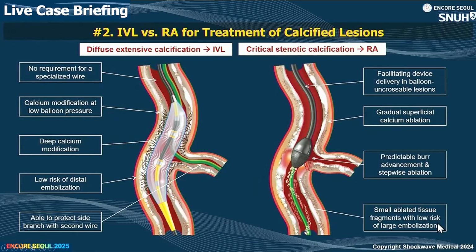Which therapy? This is the algorithm to select IVL versus rotablator. The most important rough indication is shown here. Diffuse extensive calcification prefers IVL, while critical stenotic calcification prefers rotablator. On the right side, there are 4 merits for rotablator.